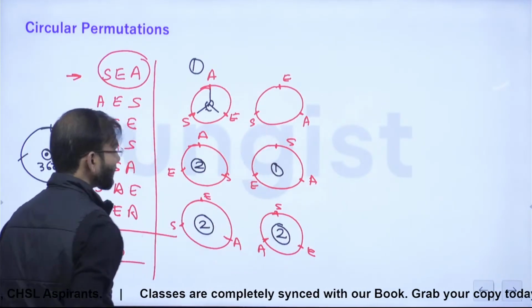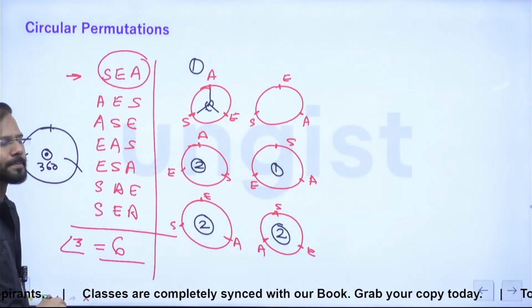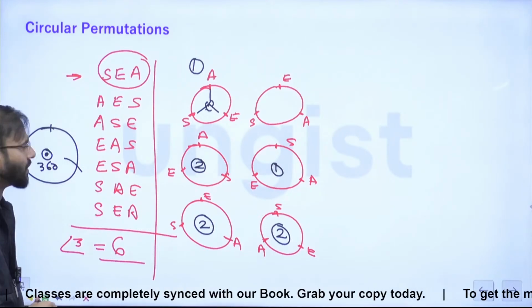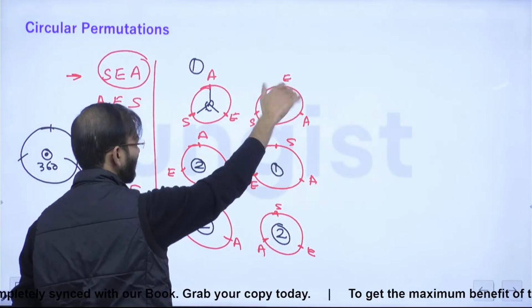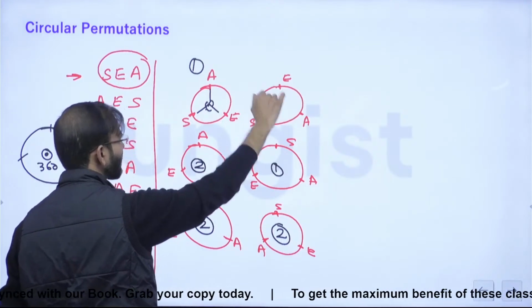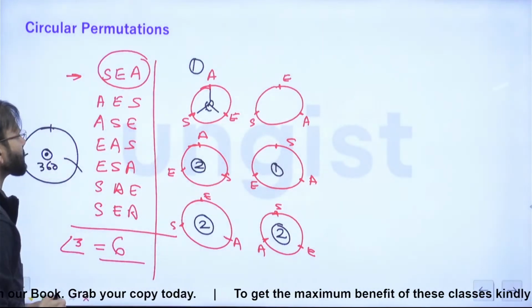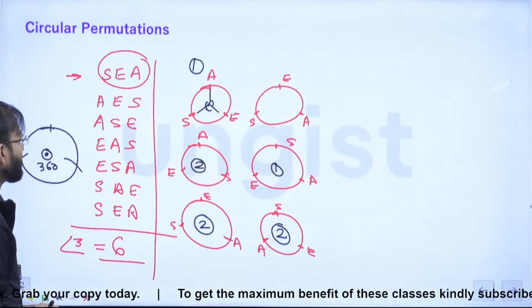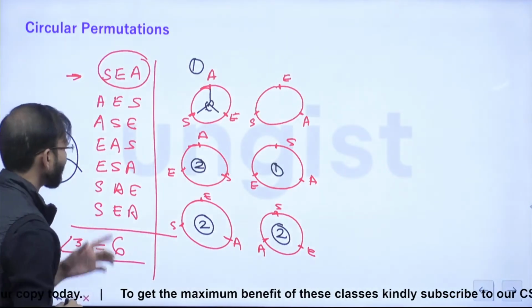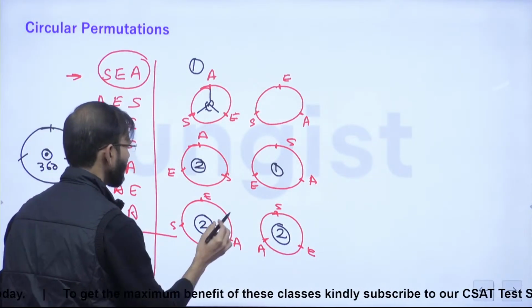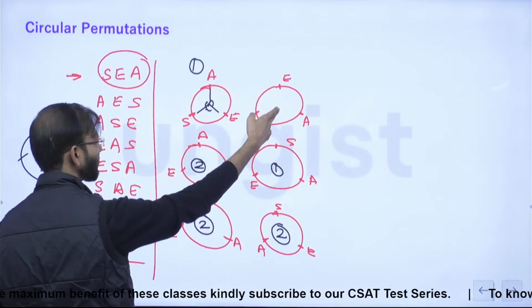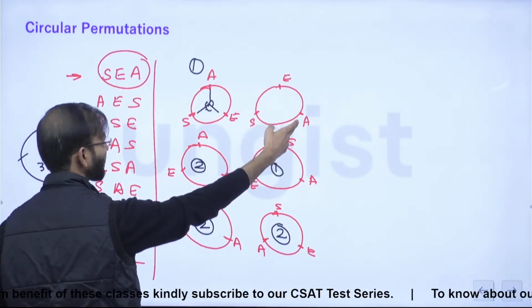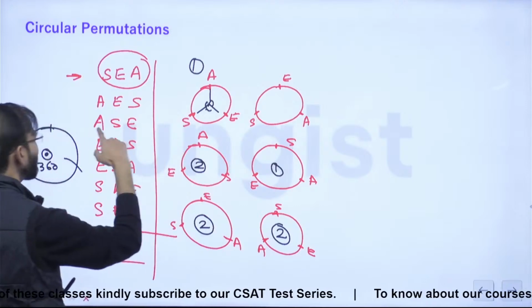Yes, now think about this. What will happen to this, guys? If you rotate this, what will happen to this? Has a mistake been made somewhere by us? Which mistake? Top right. EAS, this is this way.